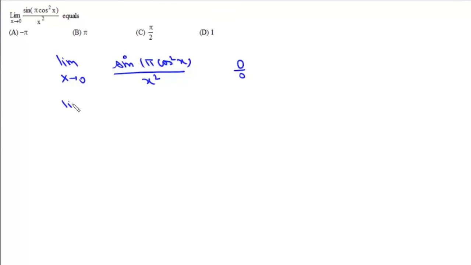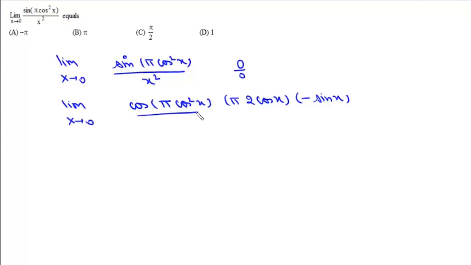We'll use L'Hopital's rule, so it will be limit x tends to 0, and then it will be cos of (pi cos square x), and then pi into 2 cos x, and then minus sin x, whole divided by 2x. Now this 2 and 2 will cancel.